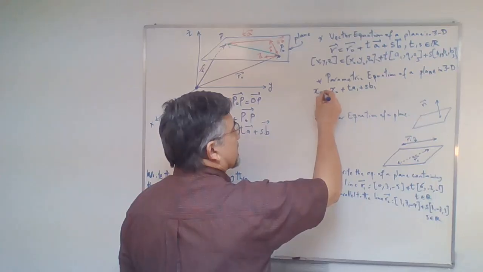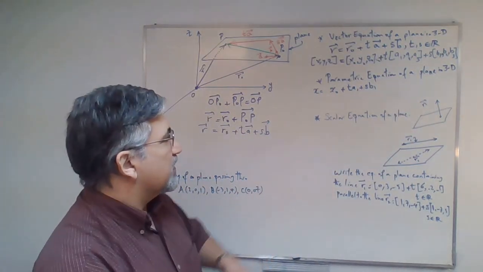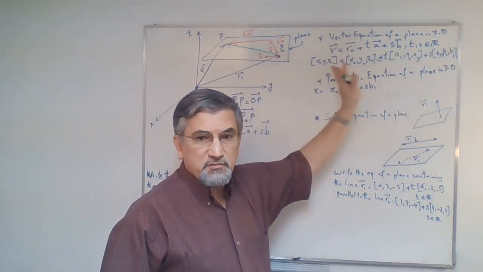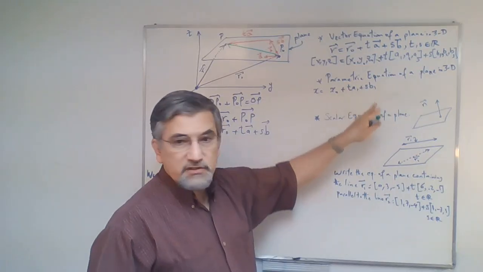So that would be x equals x naught plus ta1 plus sb1. If you expand and simplify the right side, you will get this result.